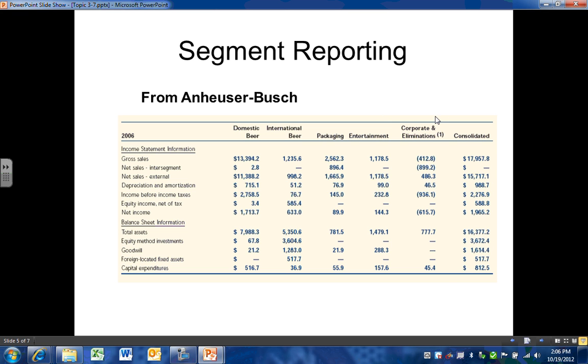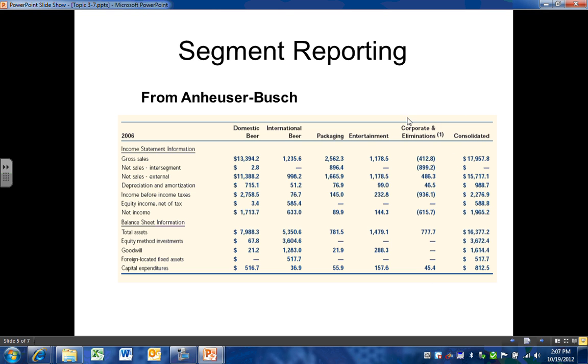This last column, corporate and eliminations, is the effect that occurs when one segment does business with another segment. If Budweiser has an American subsidiary who sells to the international market, that intercompany sale is eliminated in the consolidation process to put together one set of financials.